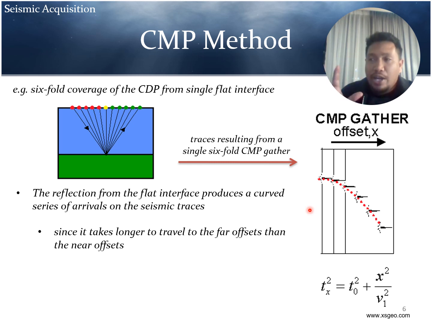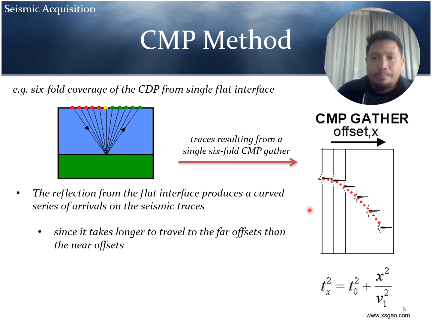We don't need the 5 or the 6 traces, because at one single reflection point we only need one trace to represent it. Over here we have the reflection point, we have the reflector. So we're going to produce a single trace out of these 6 traces. So how are we going to do that?